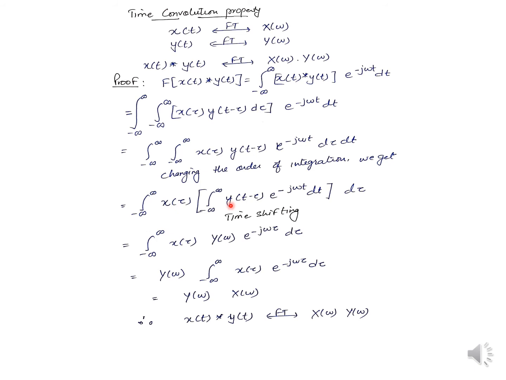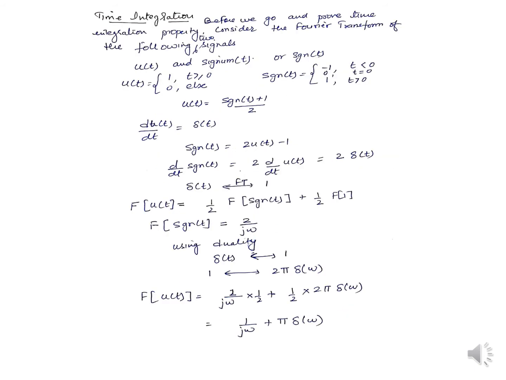In a similar way here, it changes to Y(omega) into e raised to the power minus j omega tau. Now this is constant with respect to tau, so this term will come out, and then it is the integral from minus infinity to infinity of x(tau) e raised to the power minus j omega tau d tau. This is equivalent to X(omega). So you can say the convolution in the time domain is equivalent to multiplication in the frequency domain.